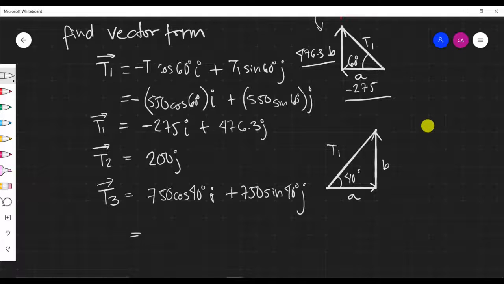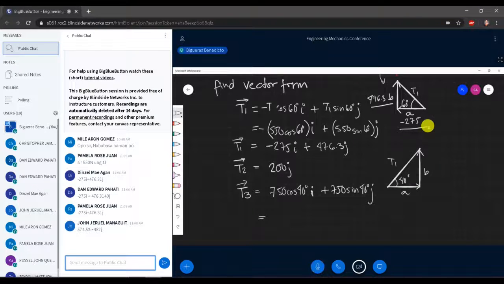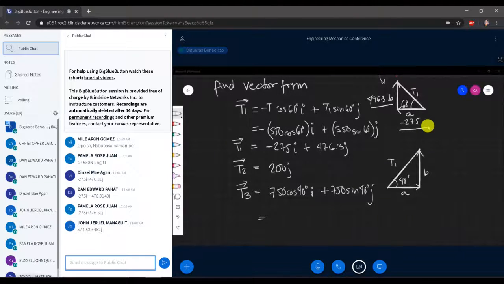So, pa-compute. Ito na pala yung sagot. 574.53. Oh, anong tamang sagot dyan?